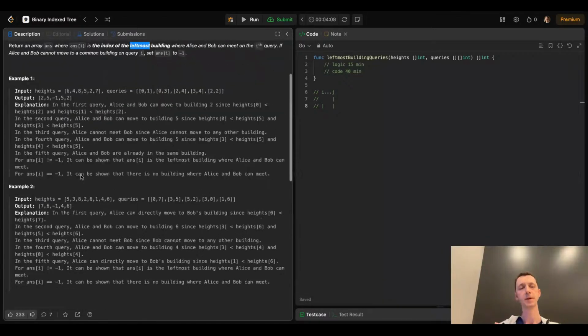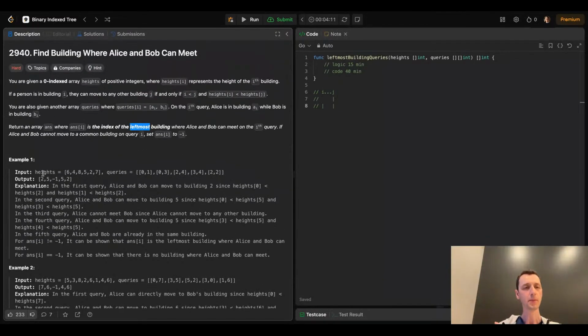Okay, let's look at this example. We have heights 6, 4, 8, 5, 2, 7, and we have queries. Alice is in a and Bob is in b.